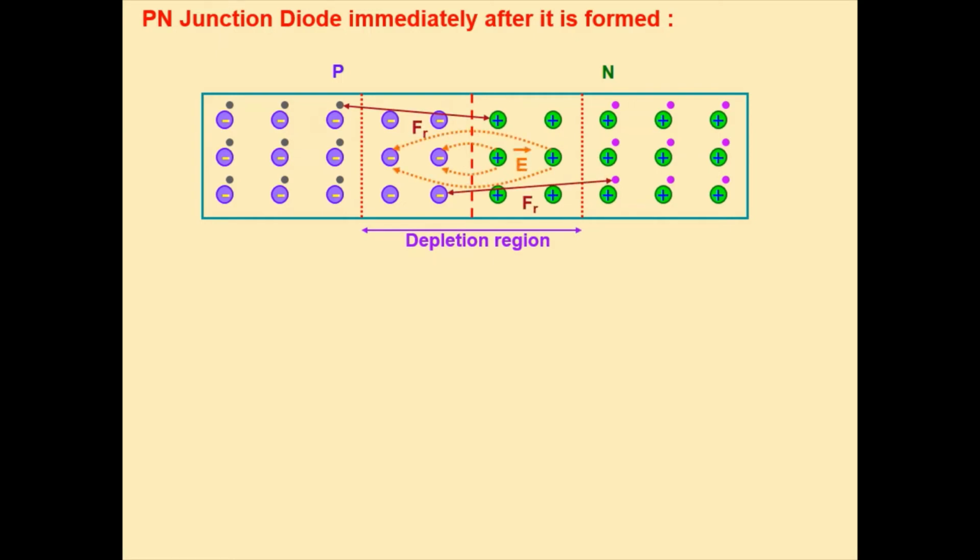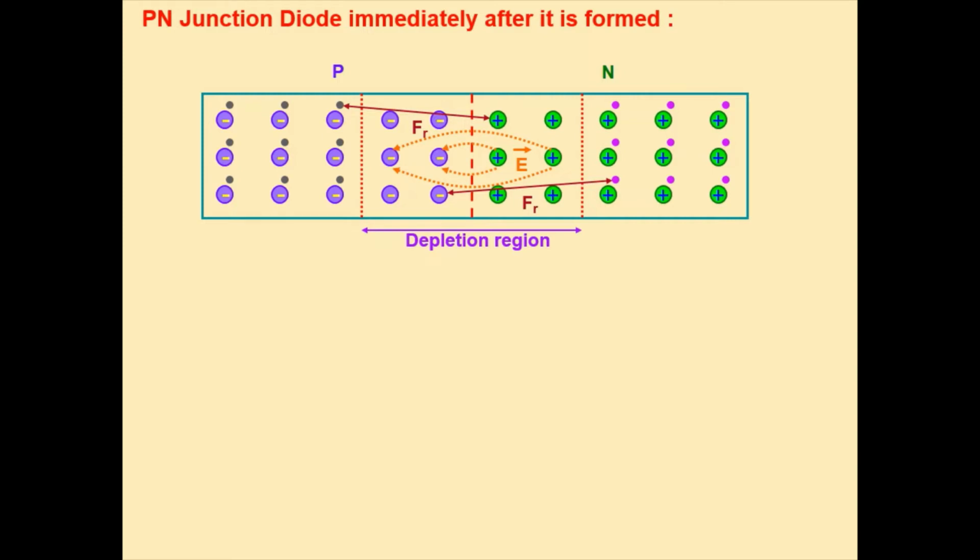On the n side we have positive ions, and on the p side we have negative ions, and these ions are immobile. When the majority charge carriers diffuse across the junction, they leave behind the immobile ions, and the region near the junction in which these immobile ions are present is called the depletion region.